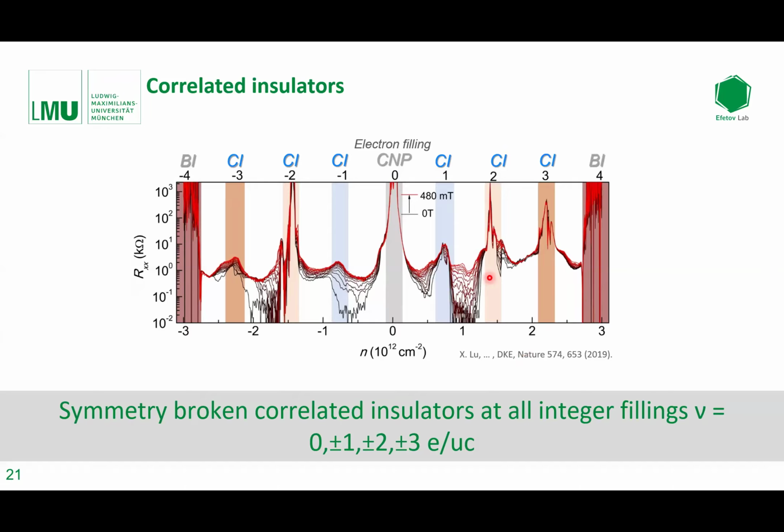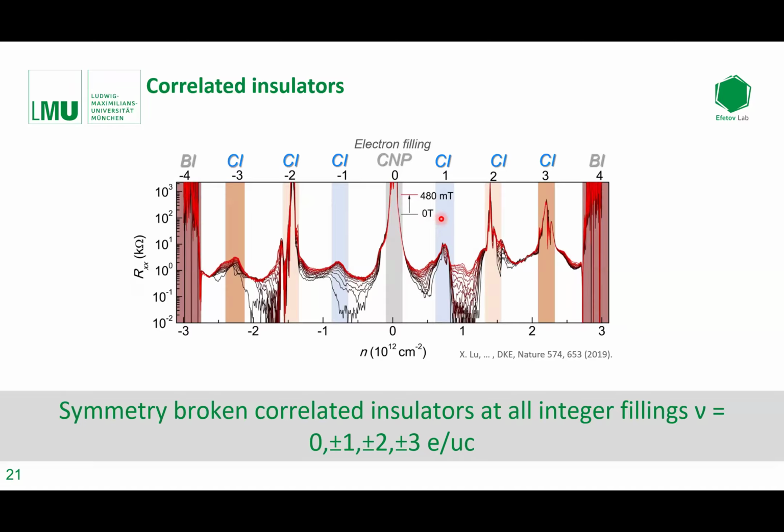As you look at this graph here, you will see that these correlated insulators at filling factor 2, 3, and -2 are typically really well developed. So really in transport, we observe activated behavior. In STM, people observe really large gaps in these insulators, so 2, 3, and -2.